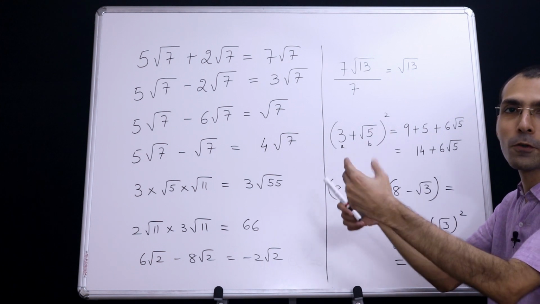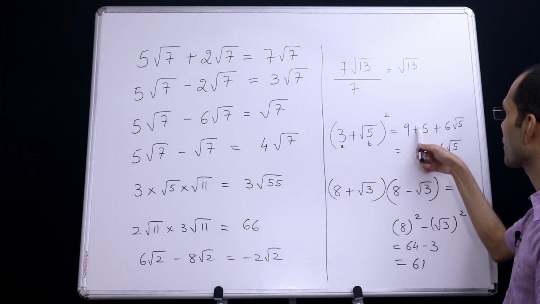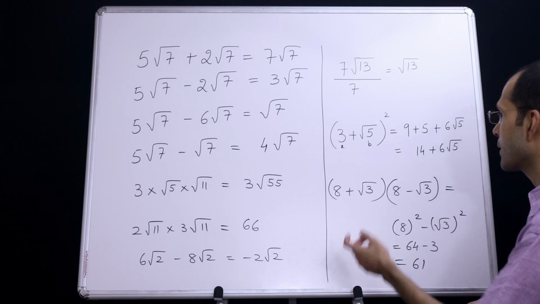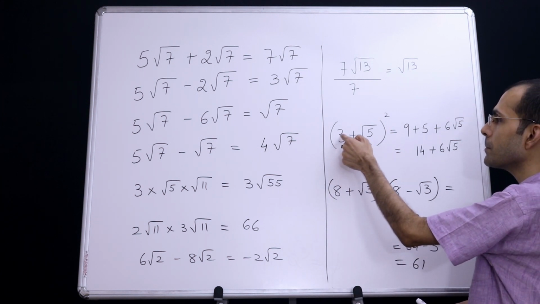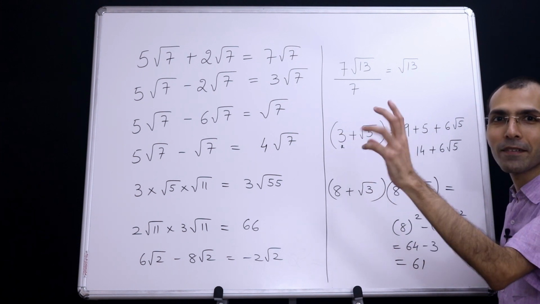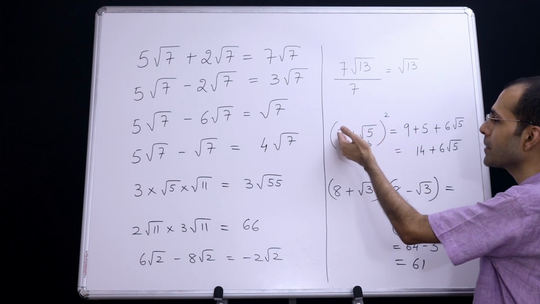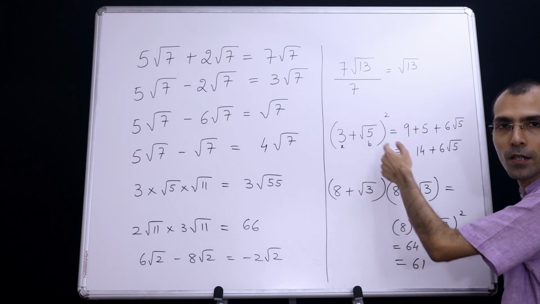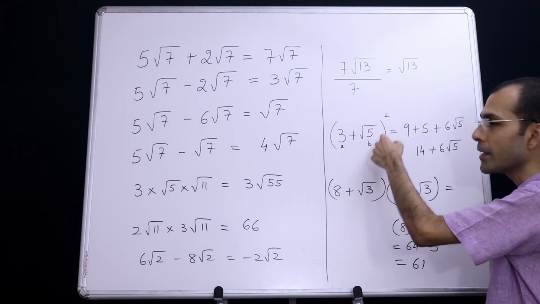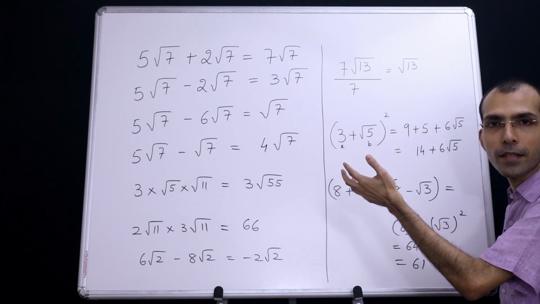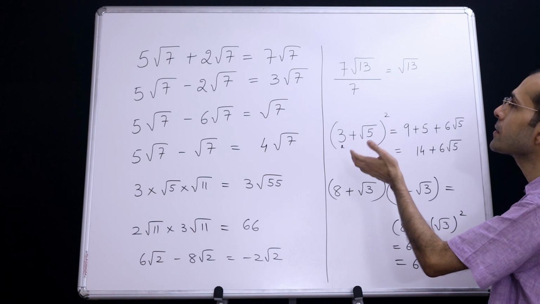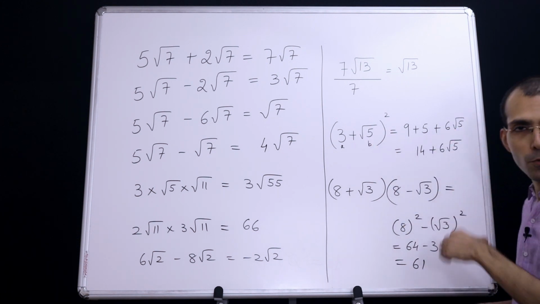So root 5 into root 5, that is how much? 5. So positive 5, because whenever we square anything signs are positive. Then first term into second term into 2, that is the 2ab factor. So 3 into root 5 into 2. So that is how much? 6 root 5, positive 6 root 5.